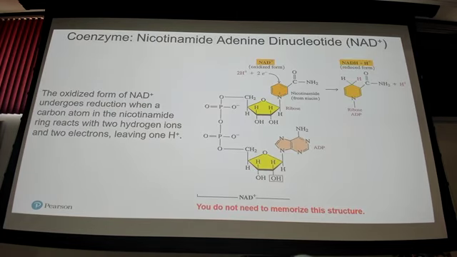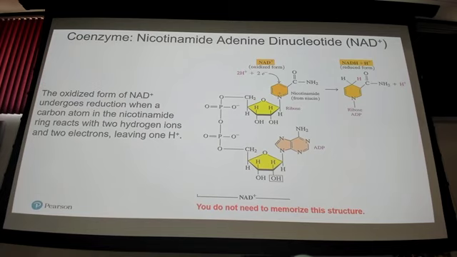So you do not need to know these structures. This is the structure of nicotinamide adenine dinucleotide. The take-home message is that when it's NAD+, that is when it's in its oxidized form, and when it's reduced, it's NADH plus H+. Why is it reduced?